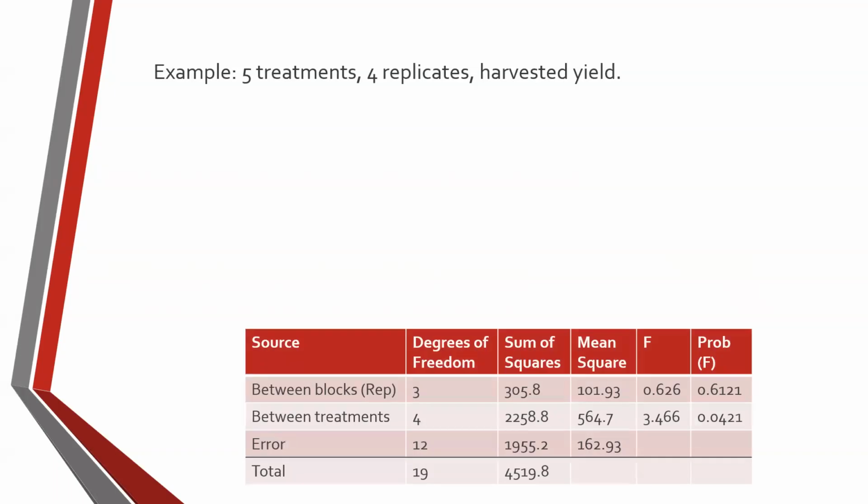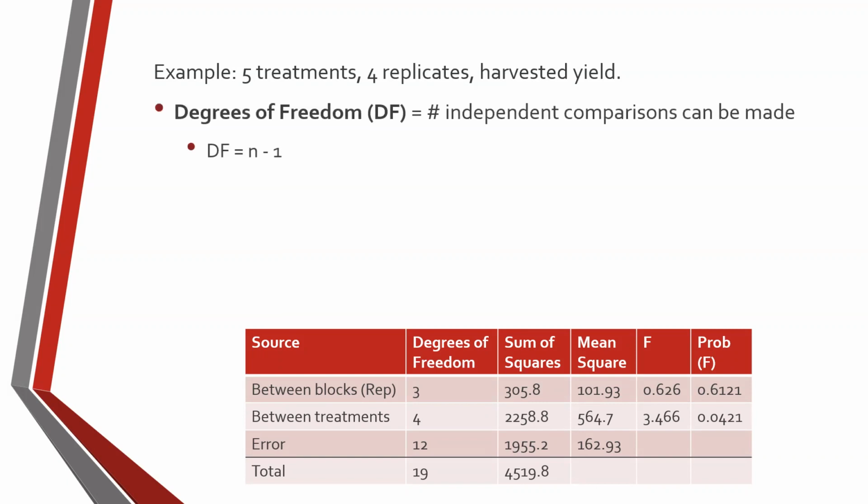To give an example that we can talk through, here is an example output of the AOV analysis, from a random trial with 5 treatments and 4 replicates. We'll talk through each of these components and how they're calculated. The first, I guess, would be the second column there, the degrees of freedom.